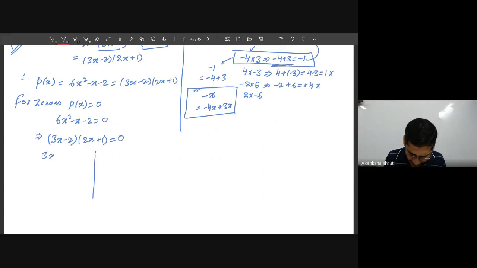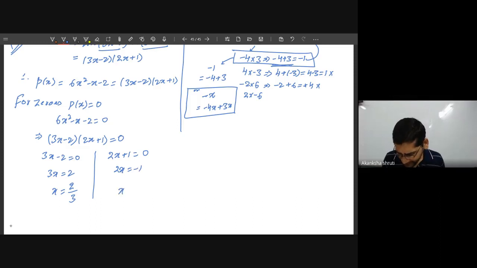You have to equate 3x minus 2 equals 0 and another 2x plus 1 equals 0. Solving from here, 3x equals 2 and x equals 2 by 3. And on this side, you will get 2x equals minus 1, so x equals minus 1 by 2.